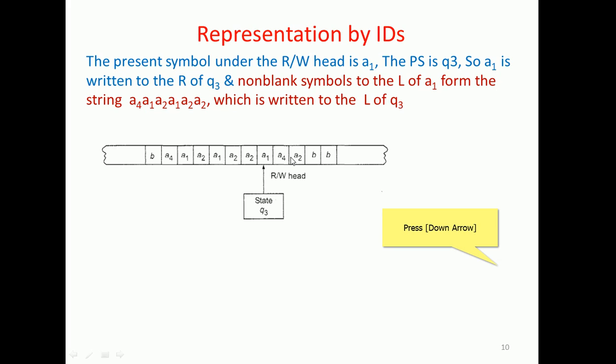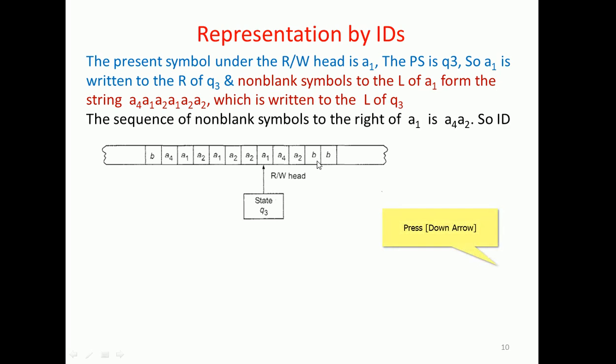Non-blank symbols are towards the left side: A4, A4, A1, A2, A1, A2 and A2. These are the non-blank characters on the left side. On the right side we have A4, A2, and after that the blank.